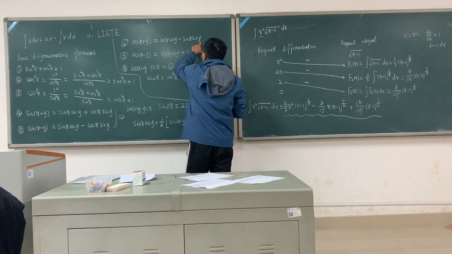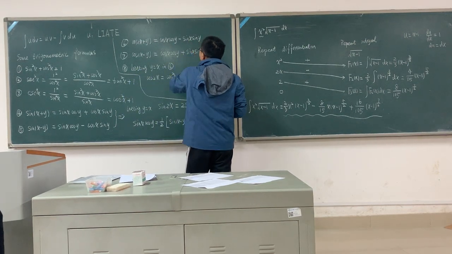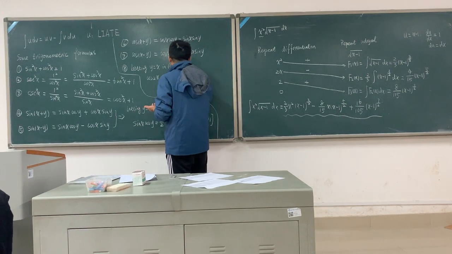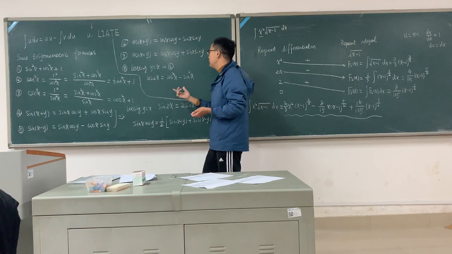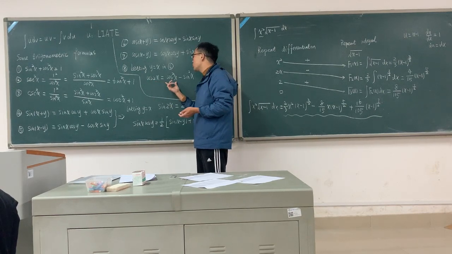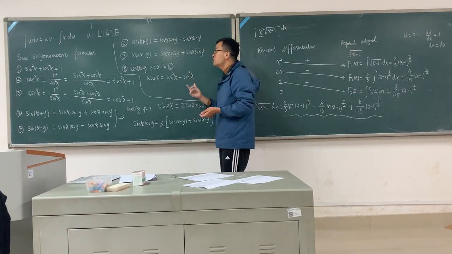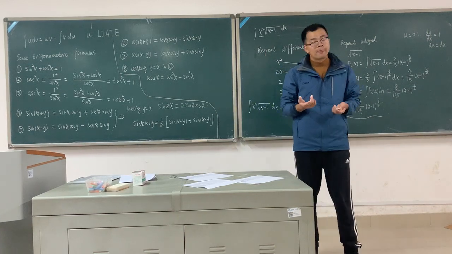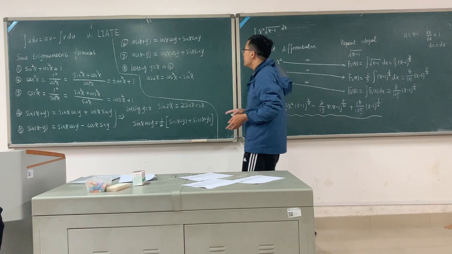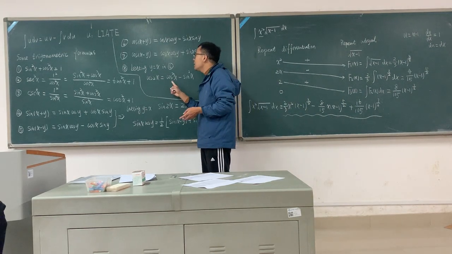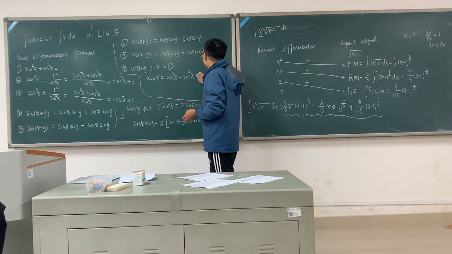And here y equals x, so sin x times sin x, which is sin x squared. So we obtain cosine 2x equal to cosine x squared minus sin x squared. From here we can write it again.